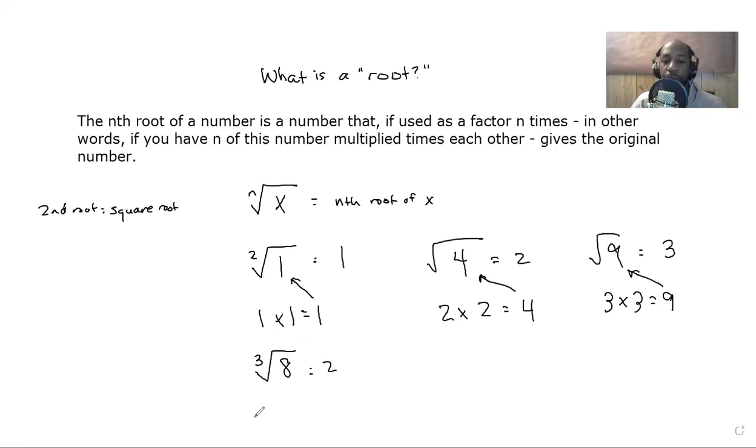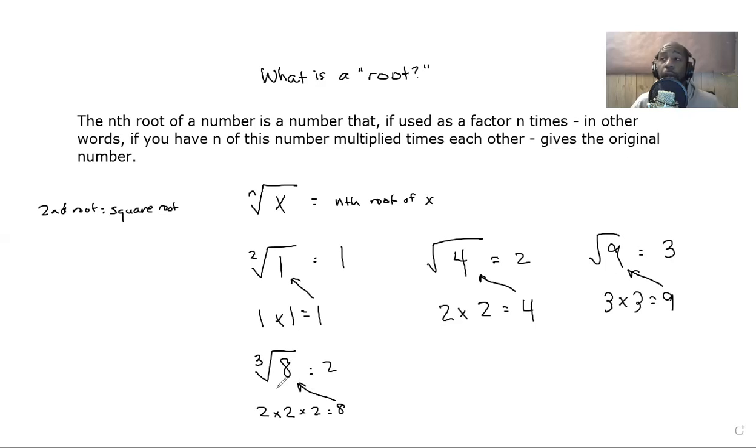It's 2, because if you have 3 number 2s being multiplied times each other, you get 8. 2 times 2 is 4, times 2 is 8. See? So that means that the cube root of 8 is 2, because 3 of them will give you 8.